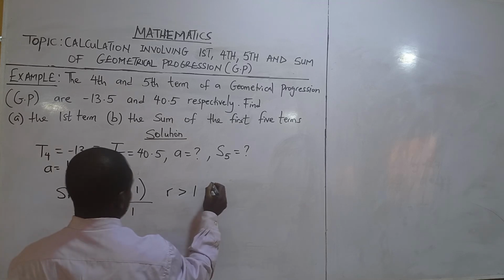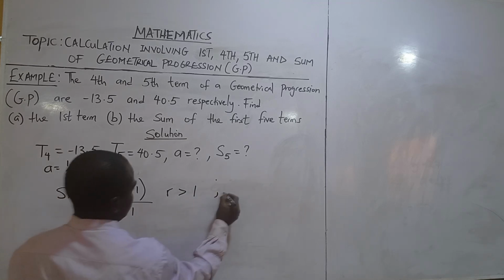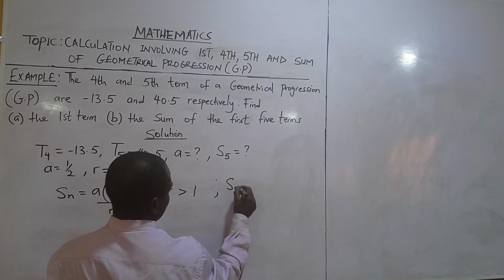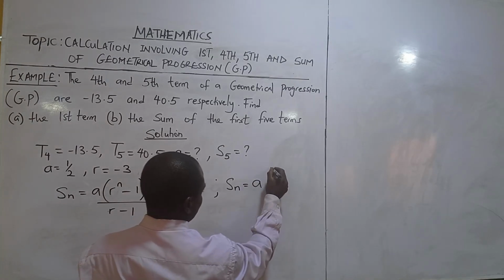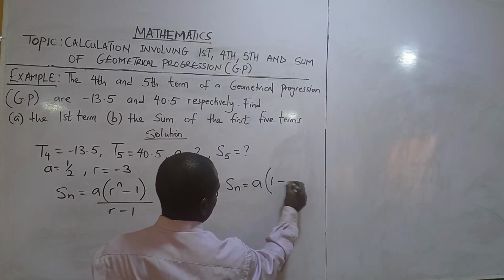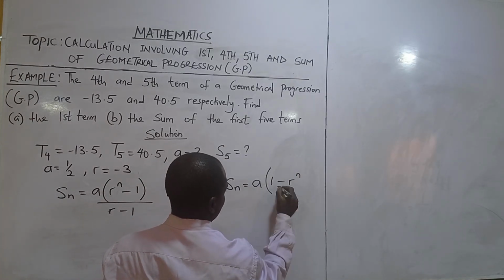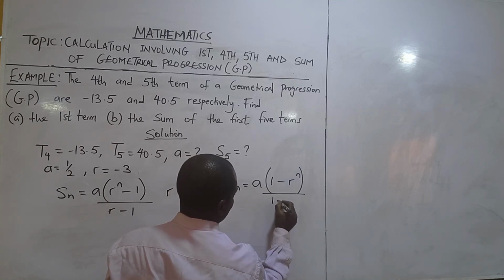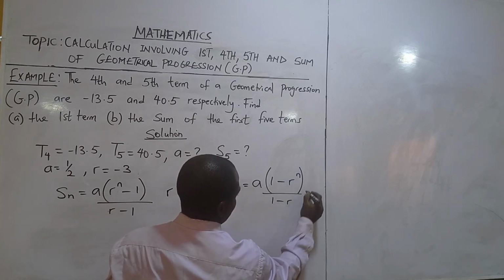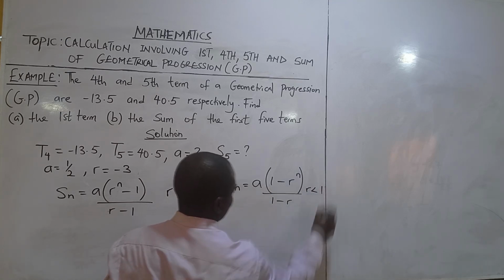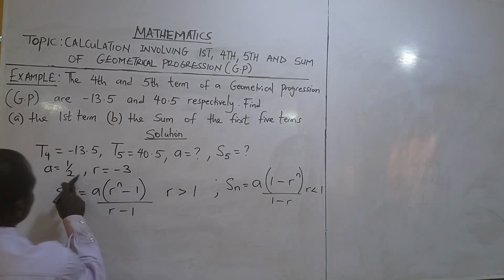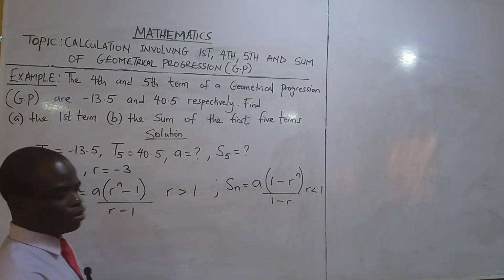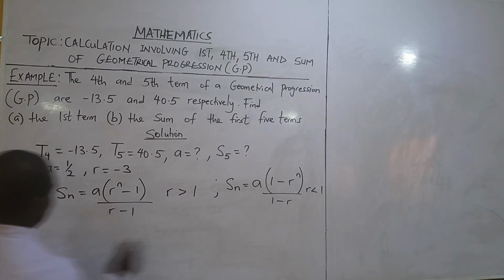And the second one is sum of GP equals first term, open bracket, 1 minus r raised to power n, close the bracket, over 1 minus r, when r is less than 1. We are picking this one because our common ratio is less than 1.